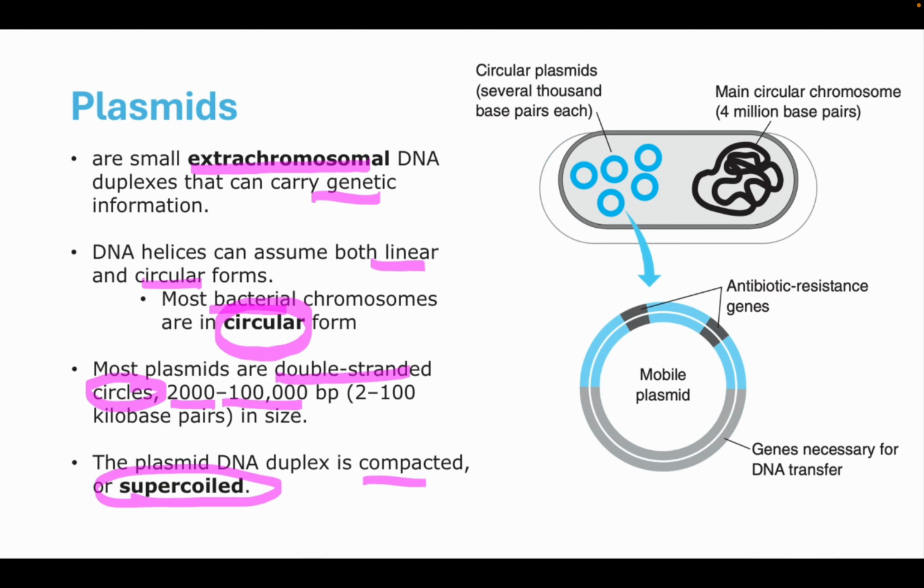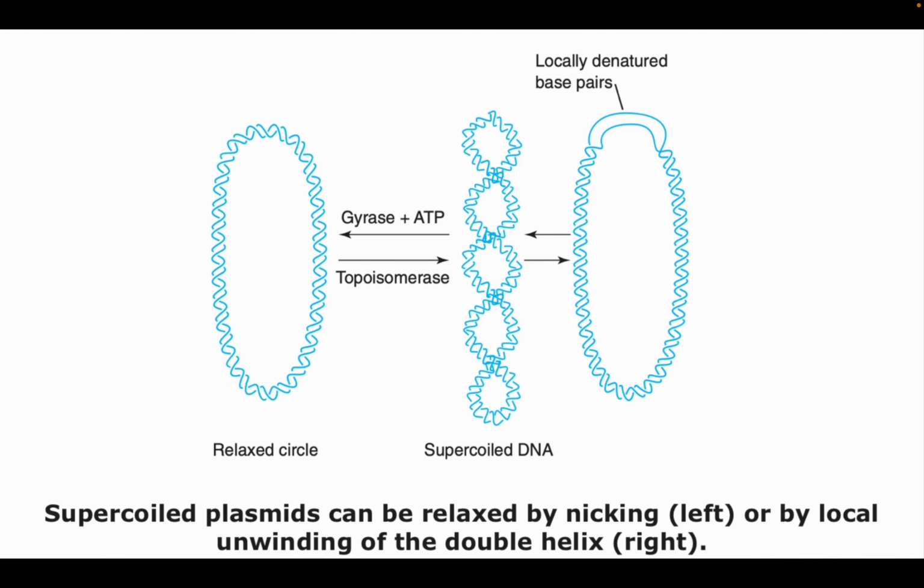Speaking of the supercoiled plasmid, you have here a supercoiled DNA. Supercoiled plasmids can be relaxed by nicking, meaning breaking one strand of the plasmid duplex. What will happen is they will be relaxed.